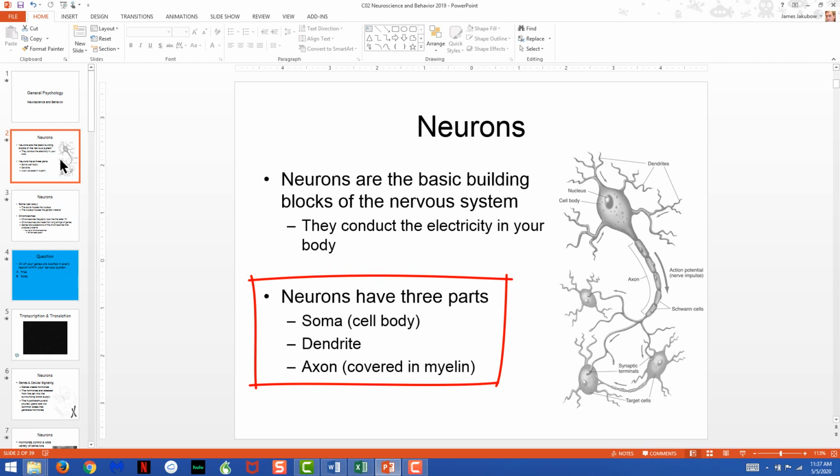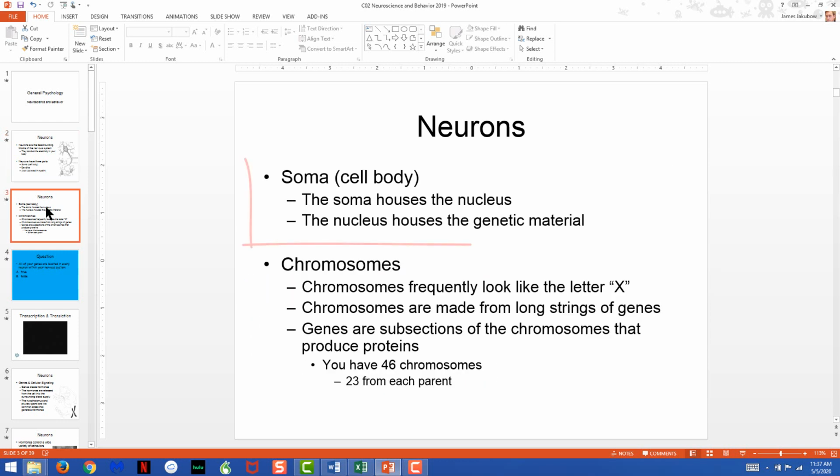The dendrite and the axon essentially work together as part of the information processing system of your nervous system. The dendrite will always pull information into the cell from other cells, and your axon will always send information away to other cells. The soma is also called the cell body.